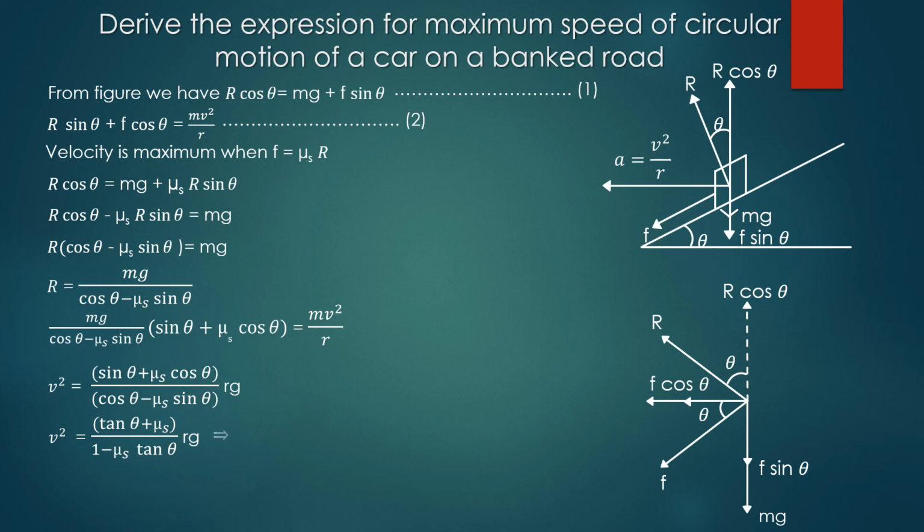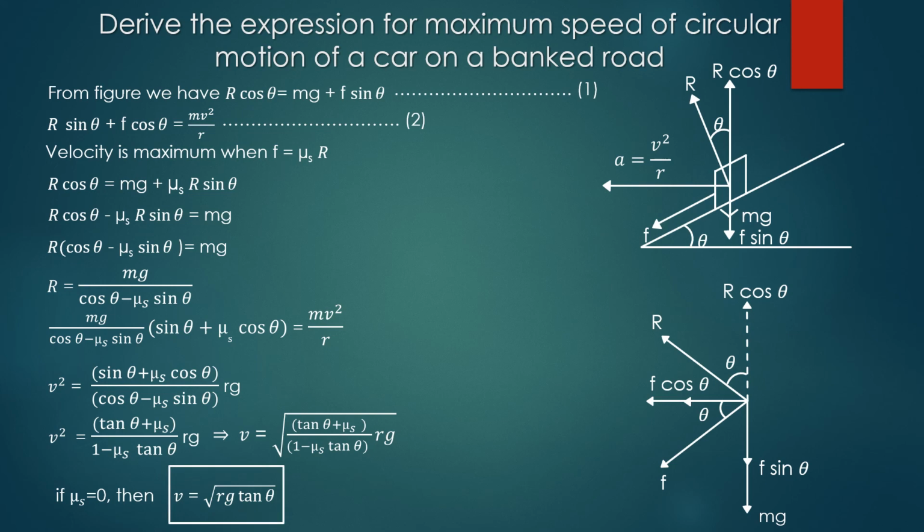Or we can write it as v is equal to square root of tan theta plus mu s by 1 minus mu s tan theta into rg. If we consider mu s to be 0, then v is equal to root of rg tan theta. So this is the required expression for the maximum speed of a circular motion of a car on a banked road.